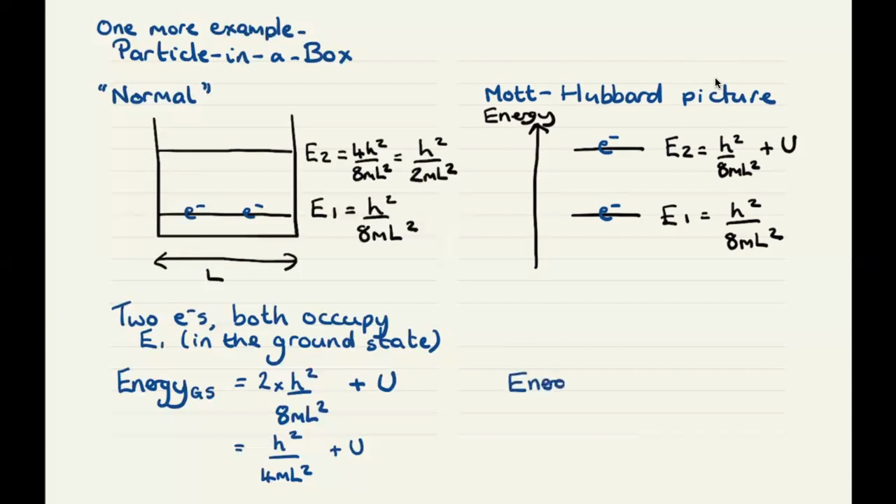The energy for the ground state is twice h squared over 8mL squared, which is h squared over 4mL squared plus U. And in the Mott-Hubbard picture, we get this energy directly. We don't have to post facto add a value of U because it's incorporated into the energy level diagram.